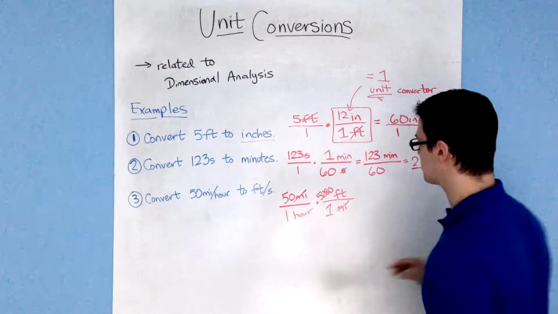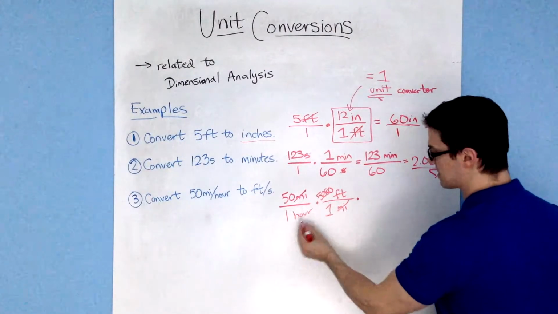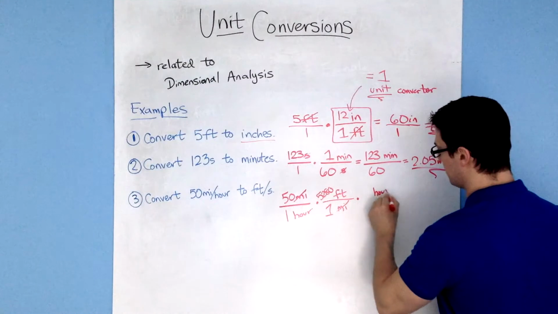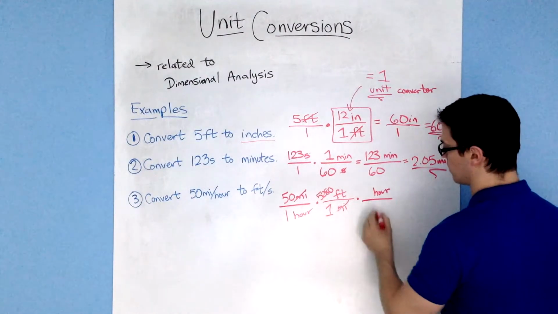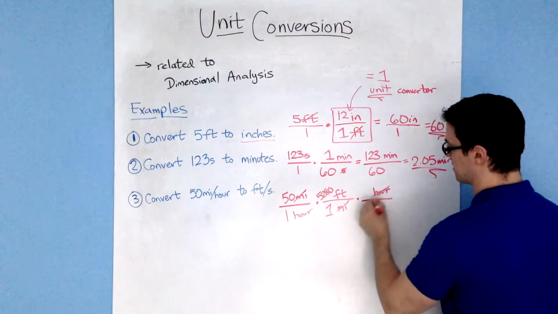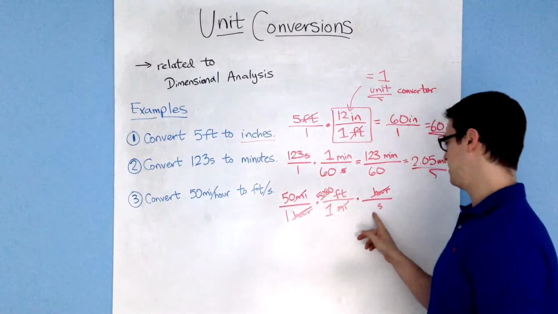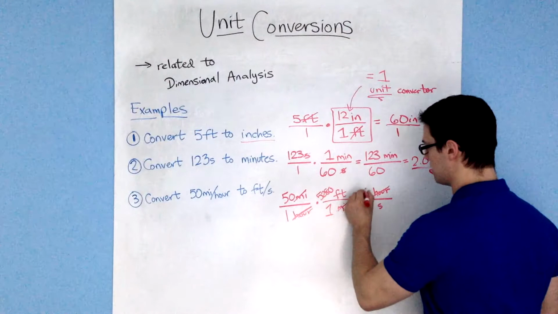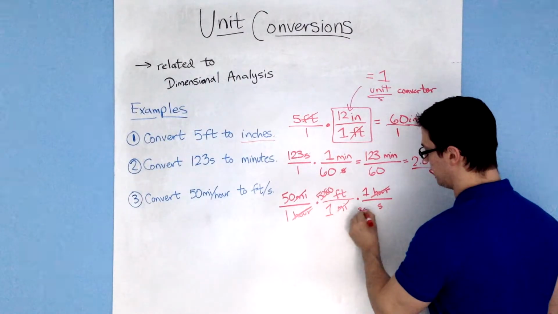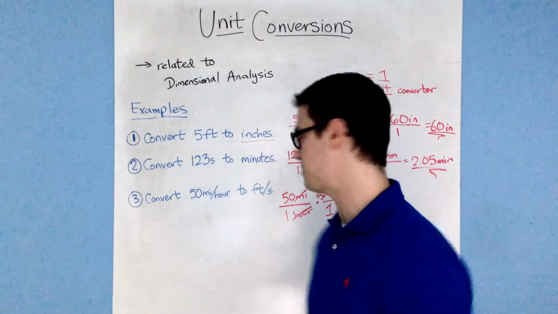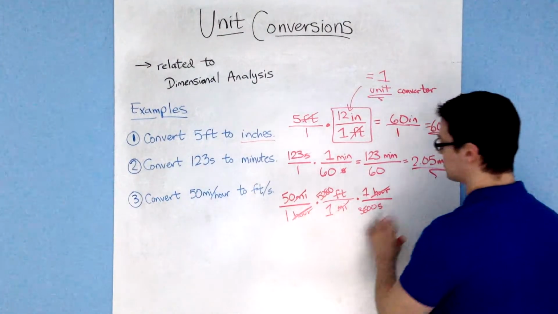But I want feet per second. So now we need to get rid of this hour on the bottom. Since it's on the denominator, I'm going to put it up top to say hour. Okay, and I'm trying to replace that with seconds, so I'm going to cancel out the hours. I have to think, how many seconds are in 1 hour? So I'm going to put 1 hour here. There's 3,600 seconds, because it's 60 minutes times 60 seconds to get how many seconds are in an hour.